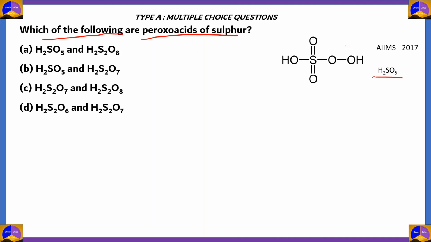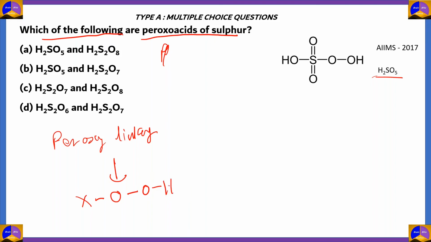And when it comes to a peroxy linkage, let's write it down here. So if this is the element X, then there must be a linkage like this for the acid to have a peroxy linkage, and that's when it's called a peroxoacid.